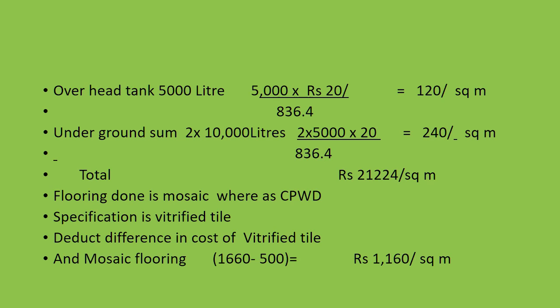The 5,000 liters into the cost at the rate of 20 rupees per liter, divided by the total built up area of the whole apartment. The underground sump is also similar to that. So the total works out to rupees 21,224 per square meter.